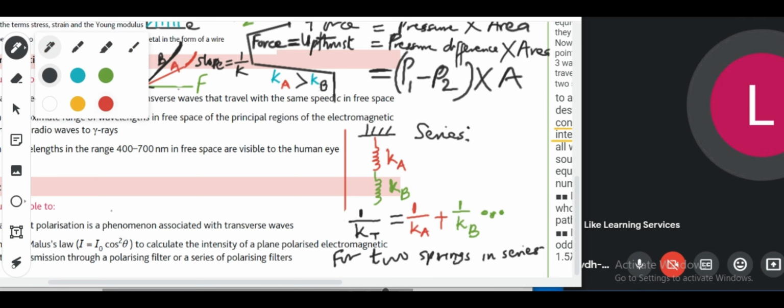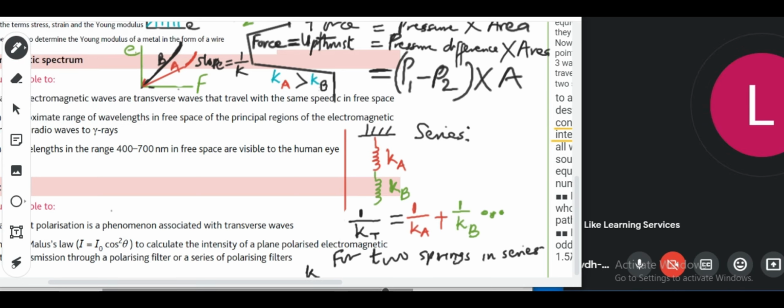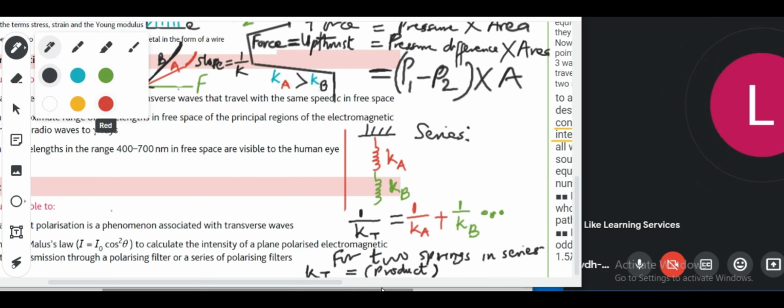K total, this total spring constant, is simply product divided by sum.